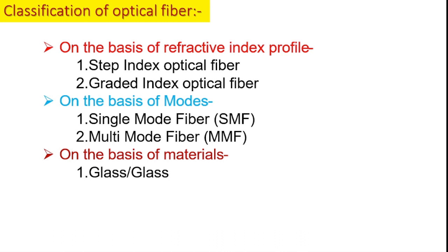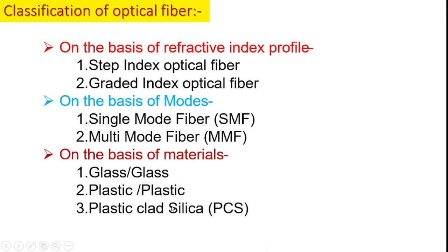First one is glass, second one is plastic, and third one is plastic clad silica, that means PCS. So these are the classifications of optical fiber on the basis of various parameters.